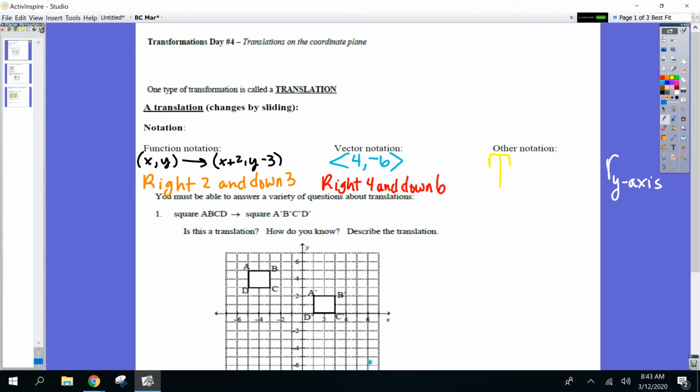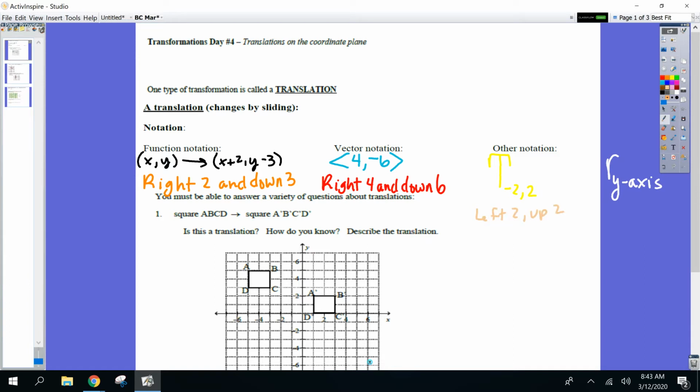I'm sorry it's got fangs, that's how I roll. That's how I draw my uppercase T, with the fangs. And then along with it, you'll see a subscript. Where am I moving here now? Left 2, up 2.